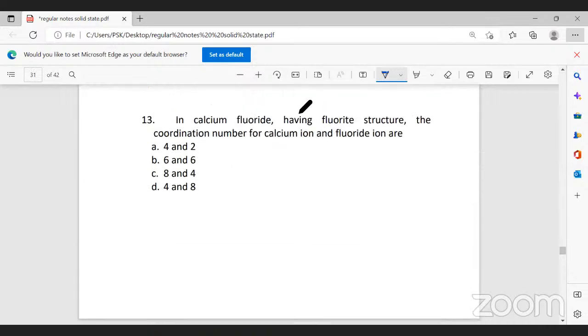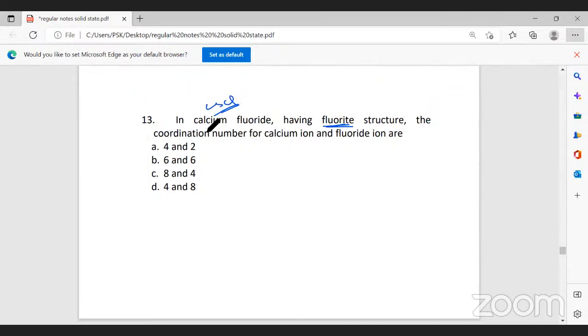In calcium fluoride, having fluorite structure, do not get confused with cesium chloride. Calcium is different, cesium is different. They have different structures. Calcium fluoride has the fluorite structure.